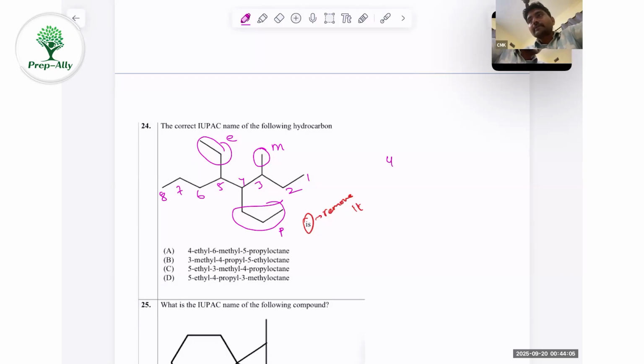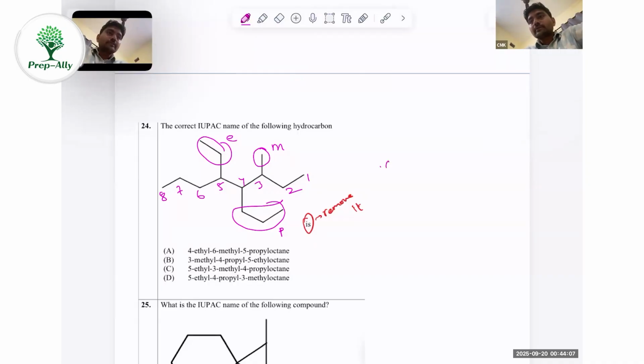So you should get the answer 5-ethyl, 3-methyl. Whenever you are writing numbers between the words, you have to write hyphens on both sides. Next, 4-propyl octane. So 5-ethyl-3-methyl-4-propyl octane.